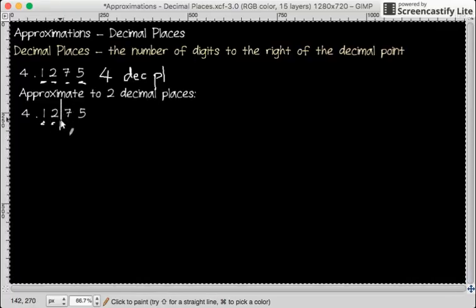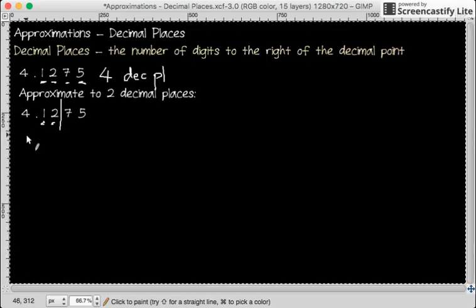Then we ask, is this 2 closer to 3 or is it closer to 2? To decide that, we look at the next digit. The next digit tells us if this number is actually closer to 3, and in this case it's 7. That means you're 7 out of the 10 steps to get to the next point, so it's closer to 3.